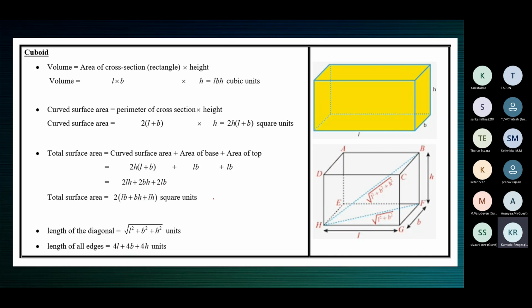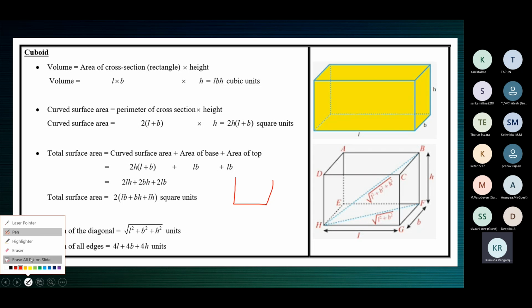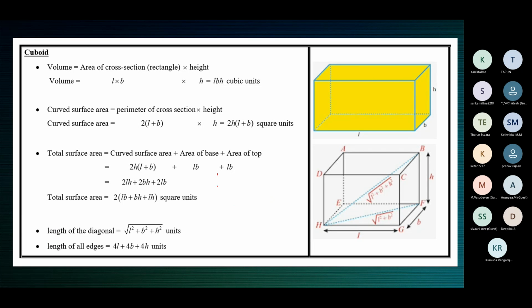Use Pythagoras theorem and find this. This is 90 degrees. This is L. This is B. So when you find this using Pythagoras theorem, you will find that the hypotenuse is root of L square plus B square.